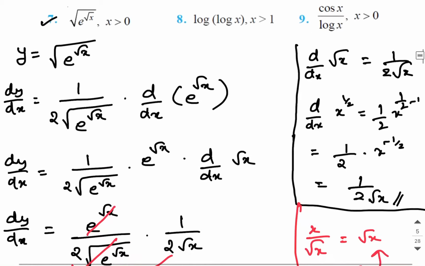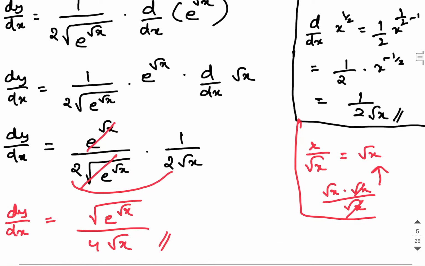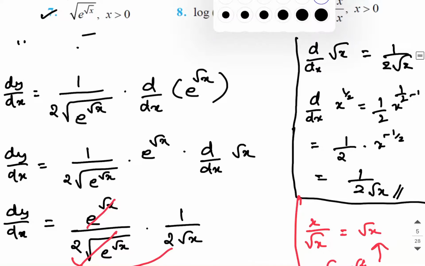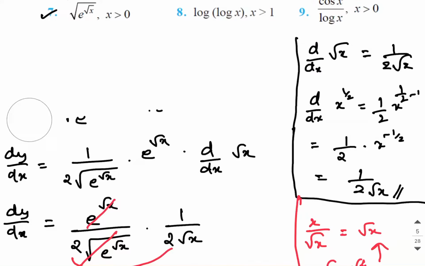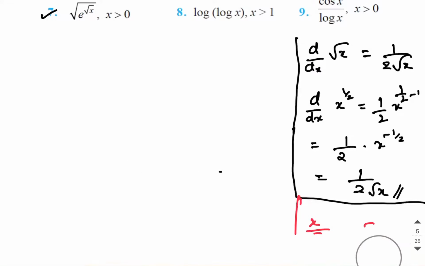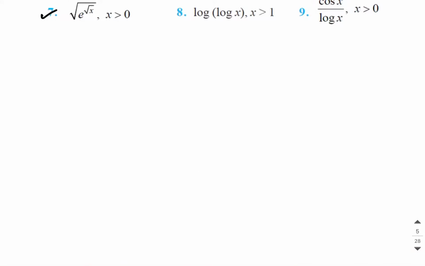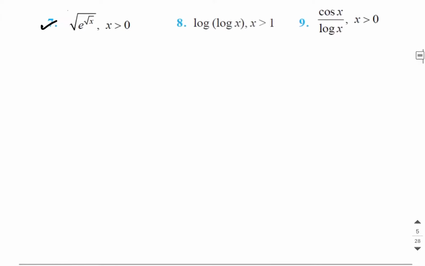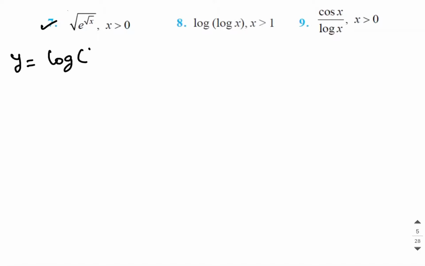Similarly, if we do the eighth problem, the eighth problem is y is equal to log of log x.